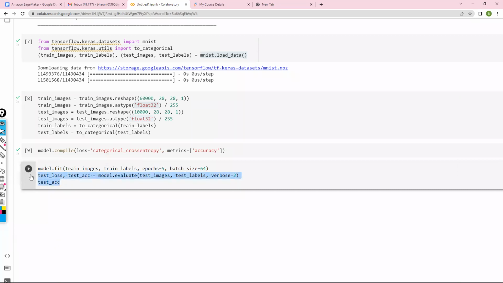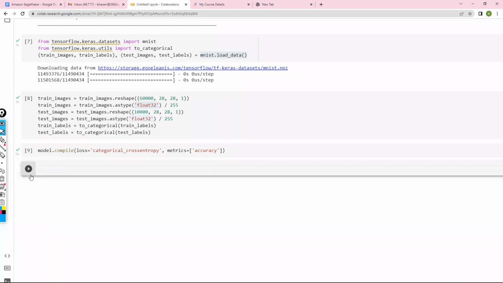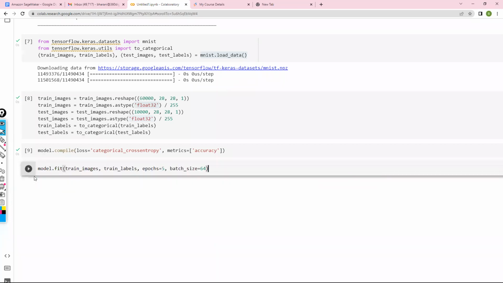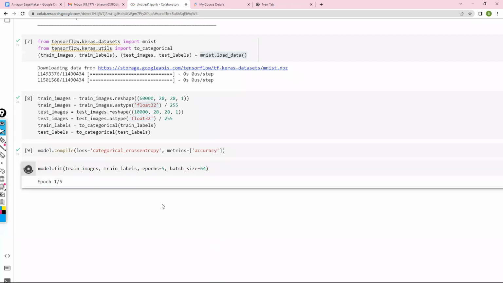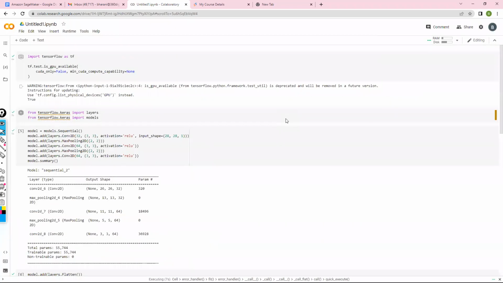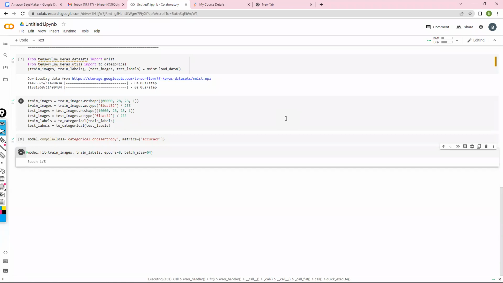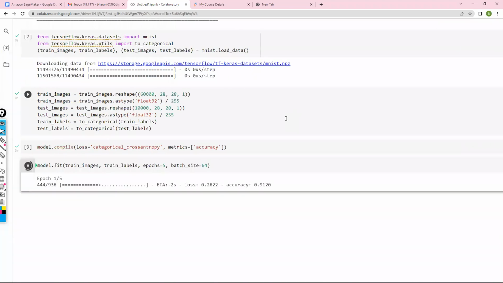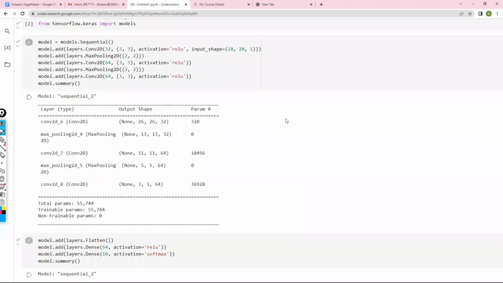Okay, once you fit the model, you might want to evaluate the model. So let me first fit the model. So all the various epochs, it's going to run now. Is it connecting to GPU now? It shouldn't usually take so much time. Is it CPU?